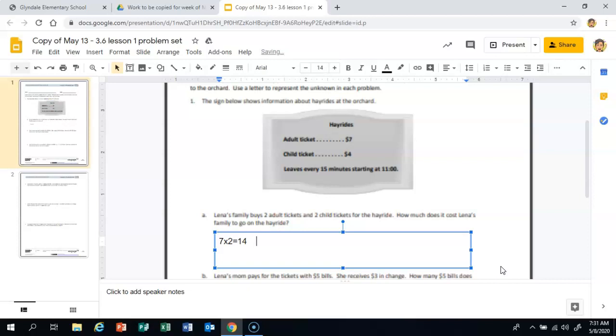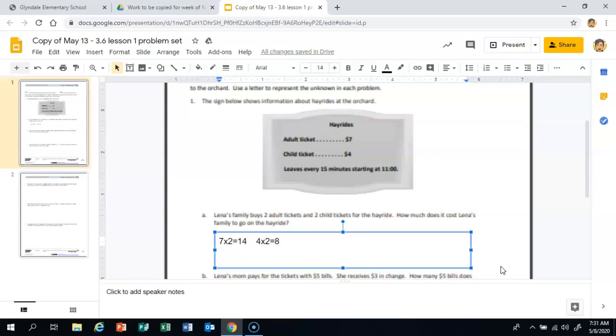Okay, and then the children's tickets, how many of those did they buy? They bought also 2 of those. And they are $4 times 2, because they bought 2 of them. And that equals, let's see, 4, 8. $8. So it costs the adults $14 and the children $8.